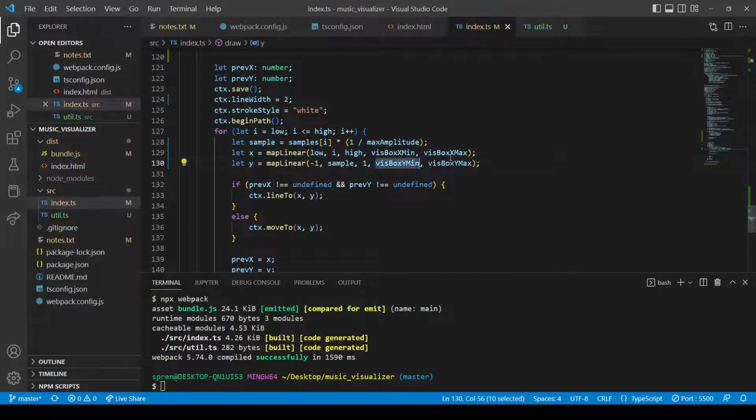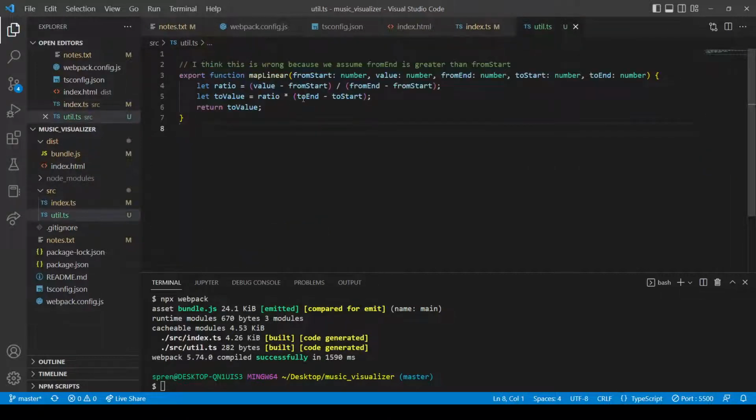It should only be able to map it to a number that's within here. What the heck? I do y max minus y min. Sample minus -1.